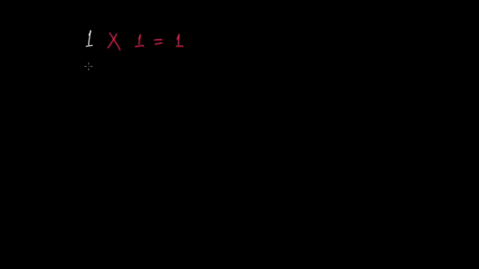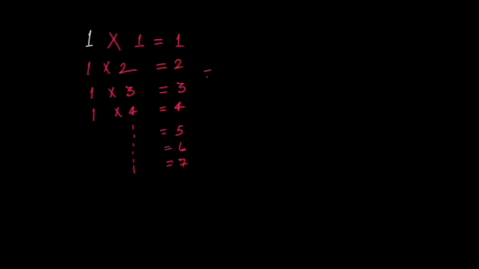Then 1 multiplied by 2, the answer was 2. Then 1 multiplied by 3, the answer would be 3. And 1 multiplied by 4, the answer would be 4, and so on. The answer would be 5, then 6, and then 7.